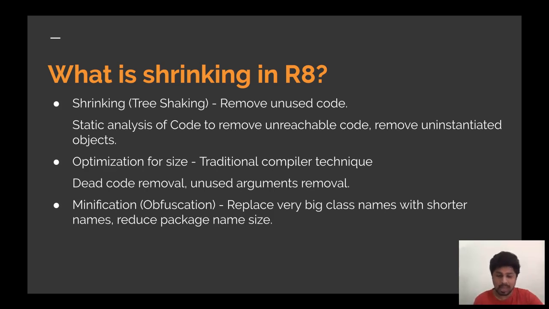This minification helps me as a developer to rename all the class names and make them shorter and change all the package names and all those things. So the different developer who's trying to deobfuscate my code will not be able to understand how my code is going to behave and how my code is going to run. You will not be able to understand which classes are what and all those things.